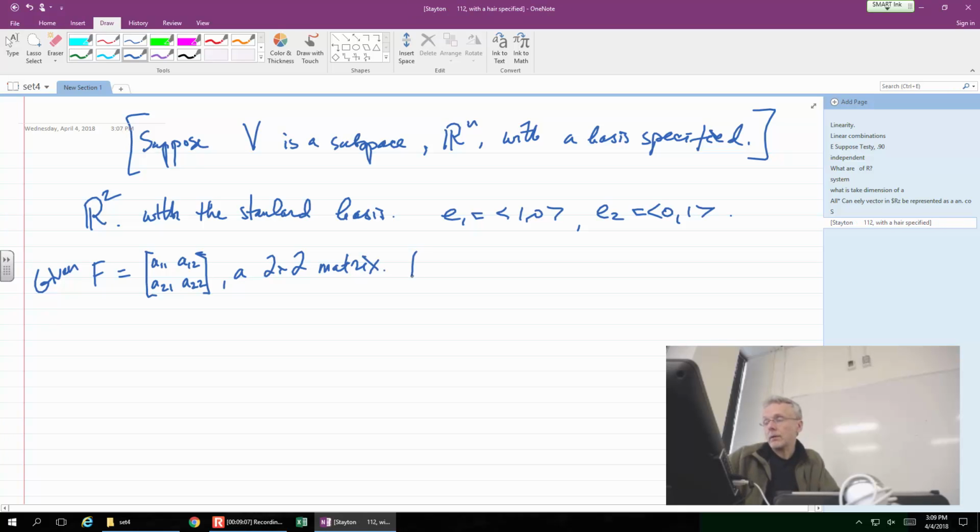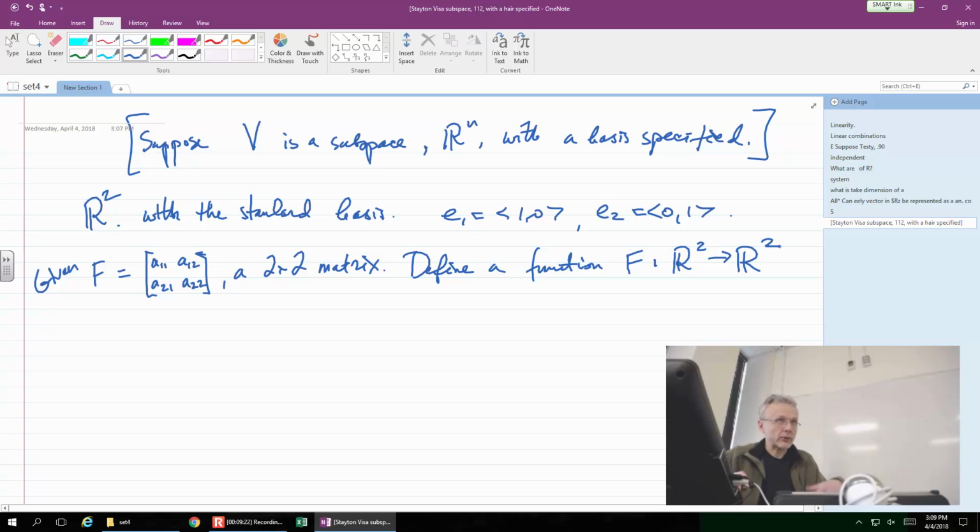and then define a function. I will use the same name, from R2 to R2. In other words, now a vector is an input and a vector is the output. So how? It's simple. F(x) is equal to Fx. So you see the difference between what we have on the left and what we have on the right.